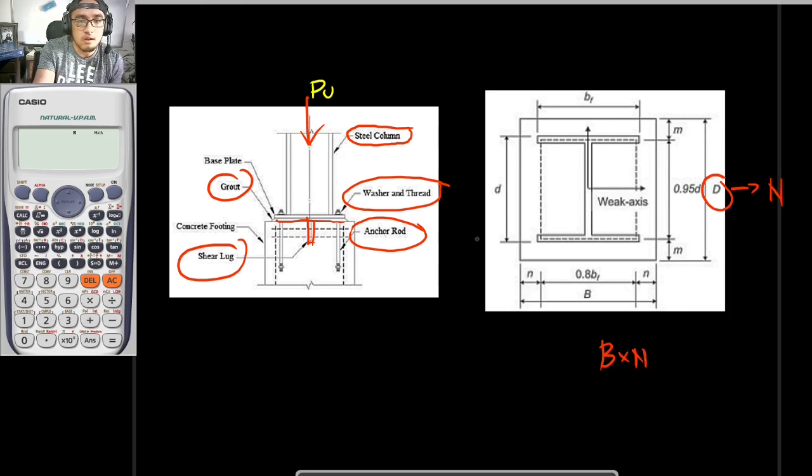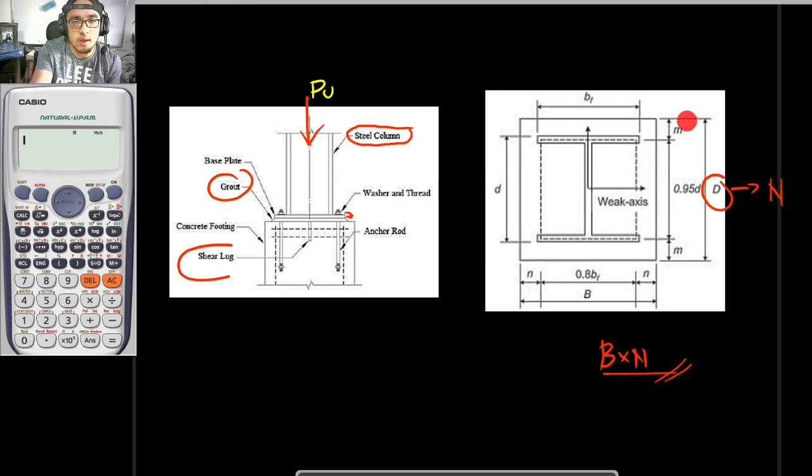And sapat na ba yung hanapin natin itong B and N natin ng base plate? So, hindi pa. We also have our thickness. So, our thickness right here would be, well, self-explanatory, yung thickness ng ating plate. So, this is in top view, kaya hindi ko mapakita kung ano yung thickness.